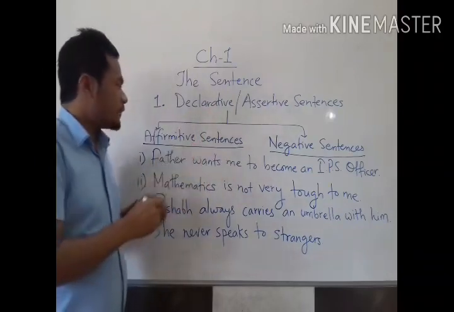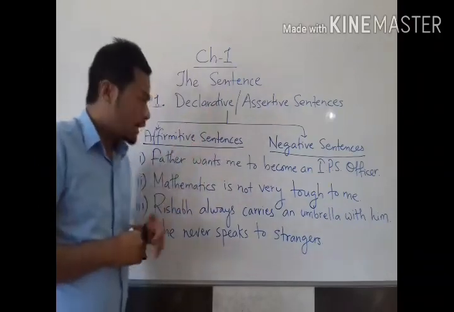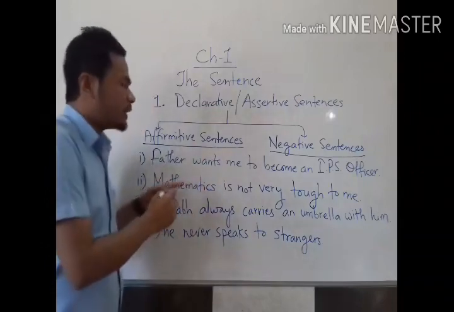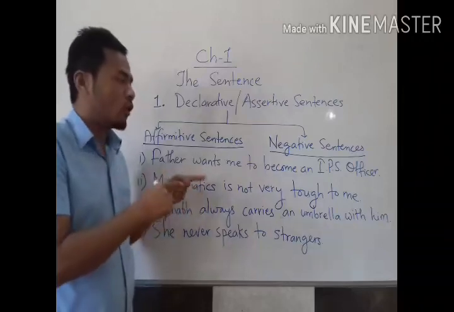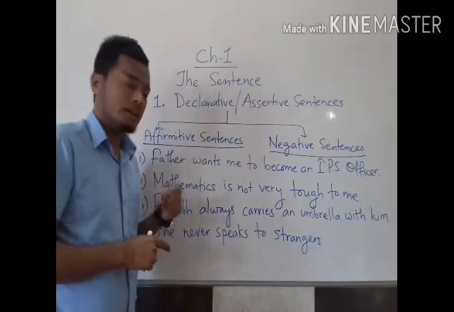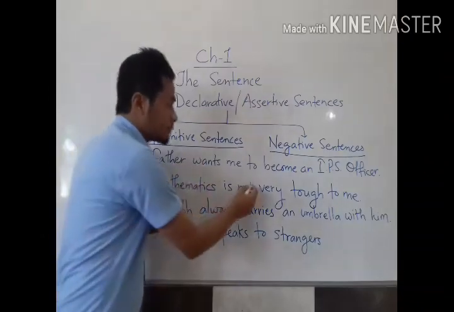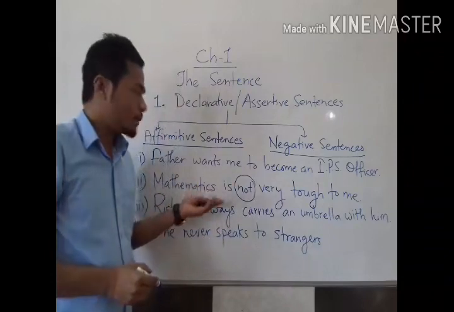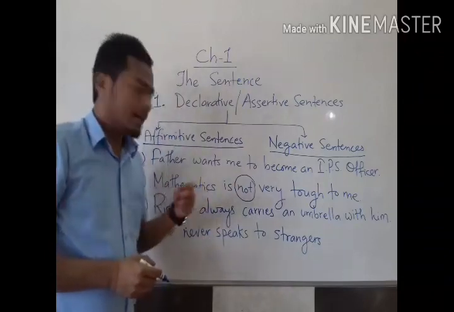This is an affirmative assertive sentence. Now when we go to the next example, Mathematics is not very tough for me. This example contains "not", so this is a negative sentence.